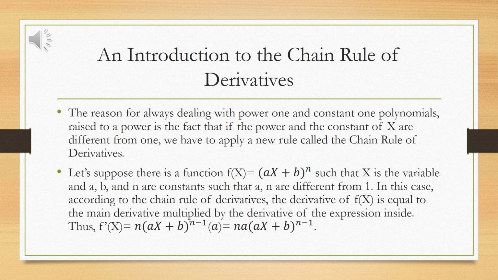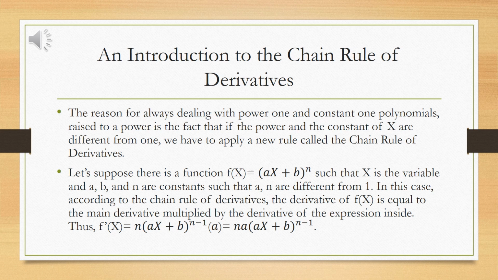Let's suppose there is a function f of x such that f of x equals ax plus b, all of it to the power n, in which x is the variable and a, b, and n are constants such that a and n are different from 1. In this case, according to the chain rule of derivatives, the derivative of f of x is equal to the main derivative multiplied by the derivative of the expression inside.